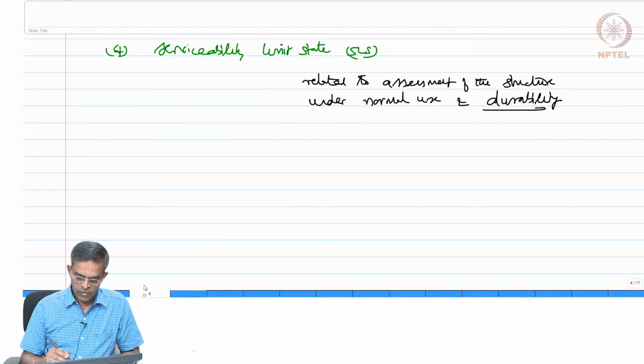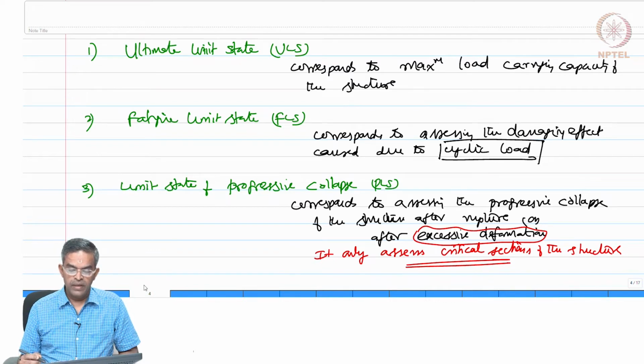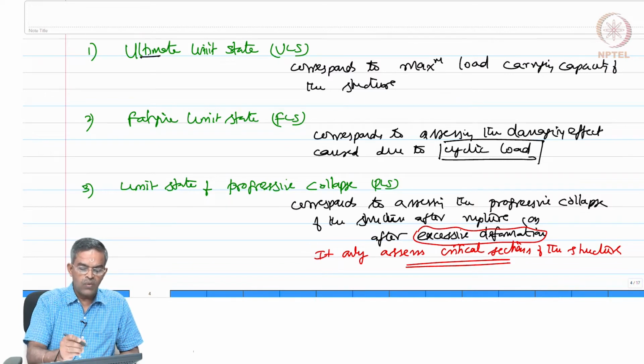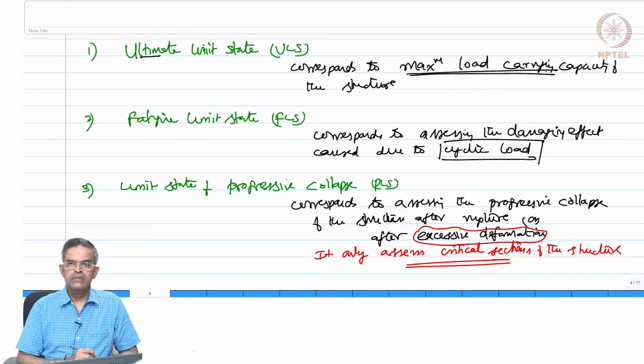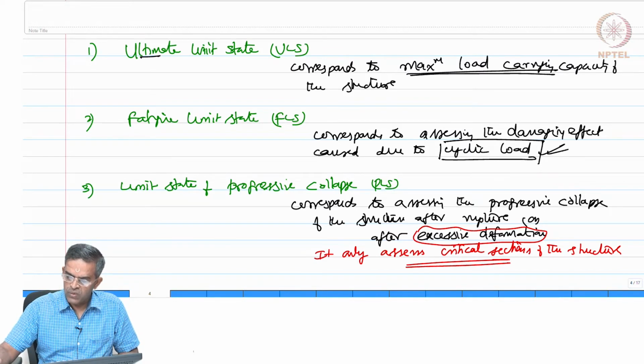So, friends, if you look at this scenario, each limit state has a specific role to play. Limit states are tools to assess the performance criteria of the structural system. There are 4 limit states: ULS, FLS, PLS and SLS. Ultimate limit state only assesses the maximum load. Fatigue limit state assesses the structure only under one type of load.